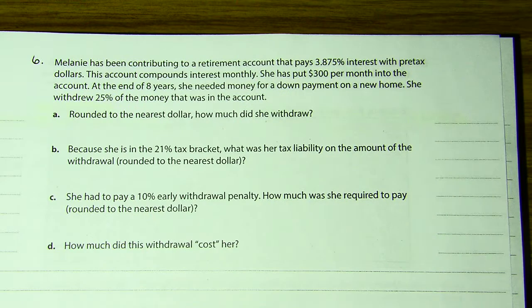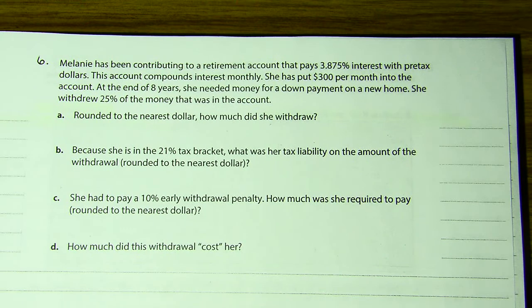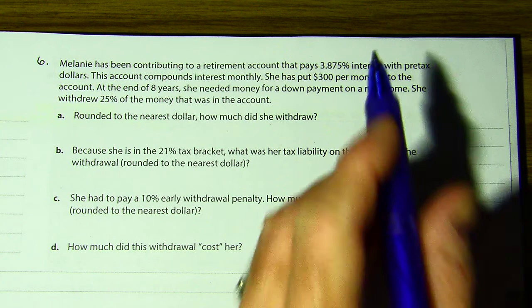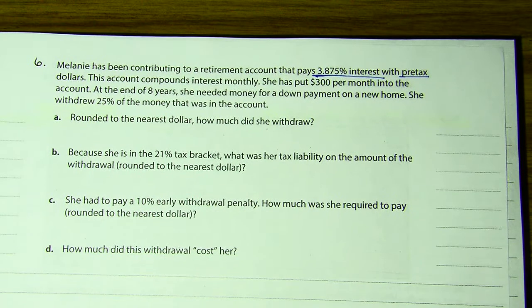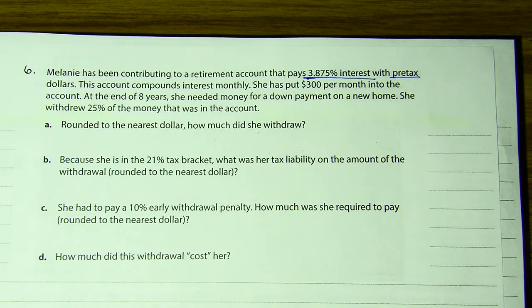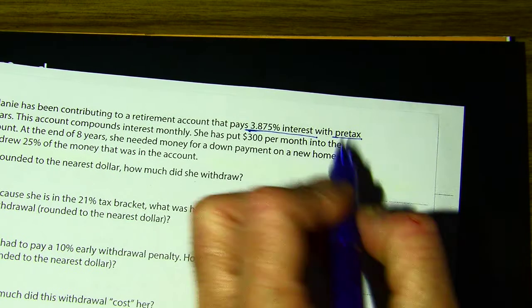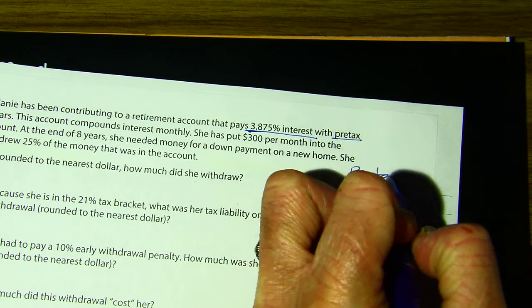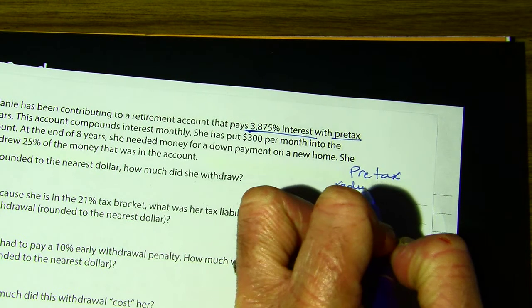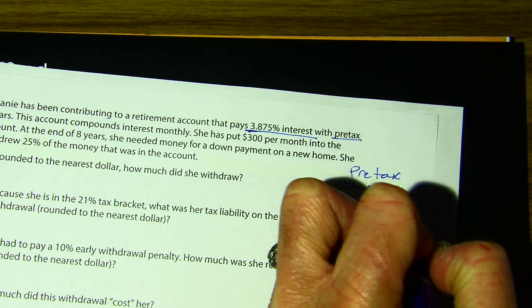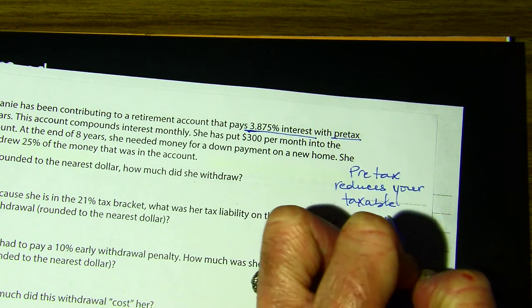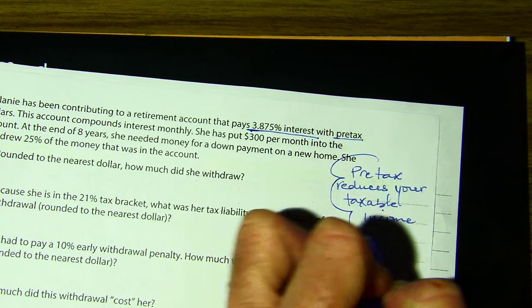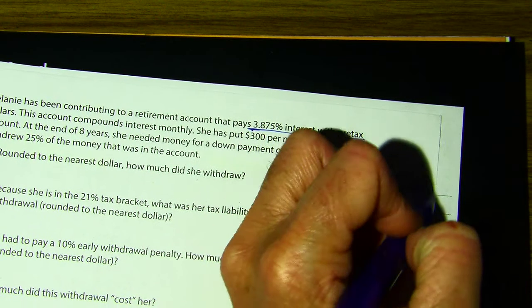All right, so moving on to number 6. Melanie has been contributing to a retirement account that pays 3.875 interest pre-tax. So something to know about pre-tax dollars is pre-tax reduces your taxable income because you're investing it somewhere before it makes it to you.